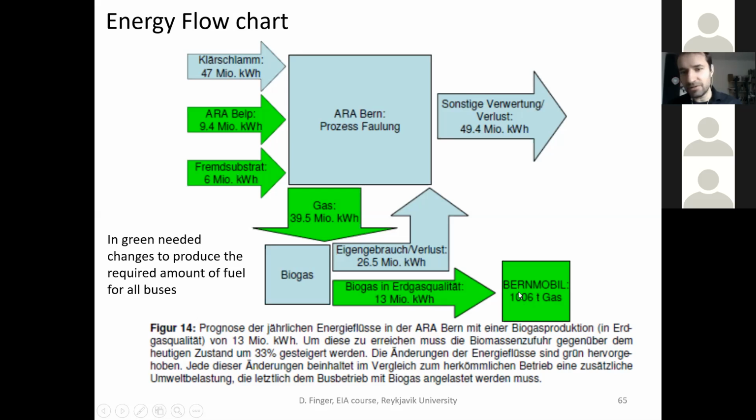So this corresponds to about 1,000 tons of natural gas that were needed to run the entire fleet of public transport buses in the city of Bern. So again, we created the energy flow chart to provide the reader an overview of where the energy comes from and where the substrates come from. A typical example of a flow chart that you might also include in your final report.